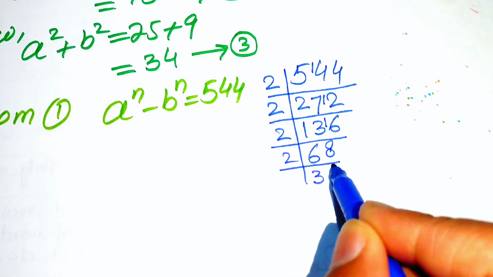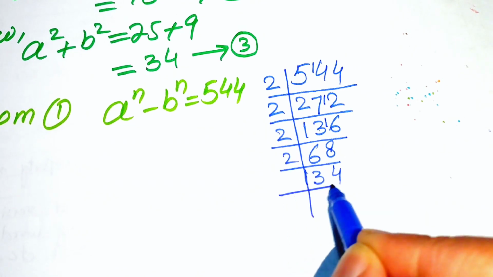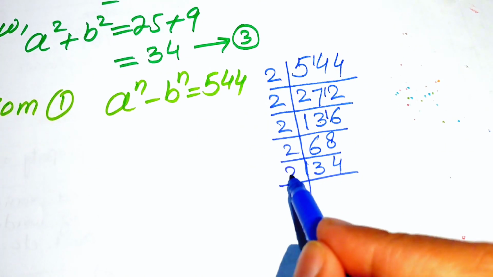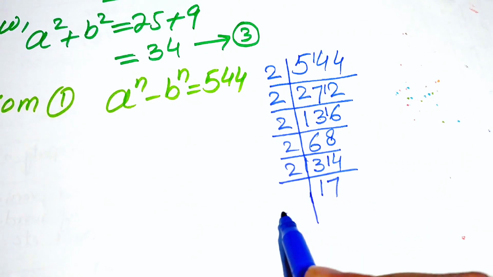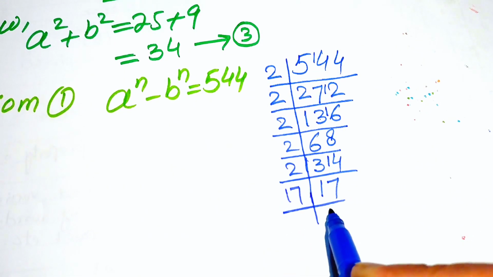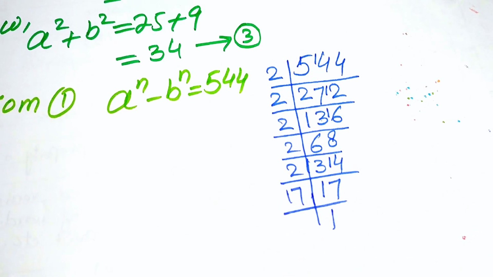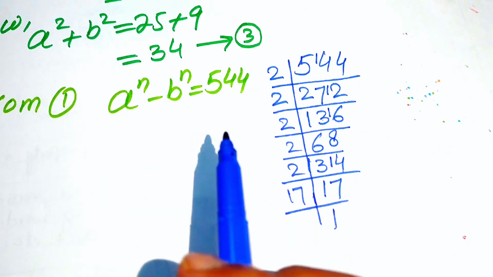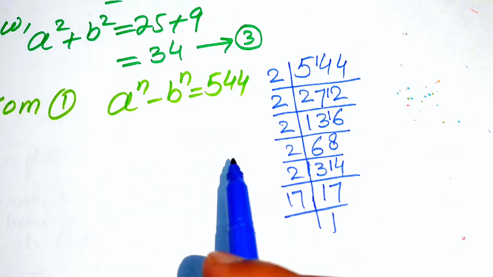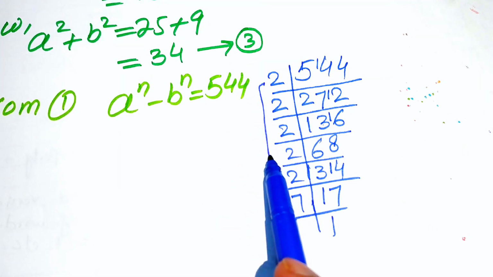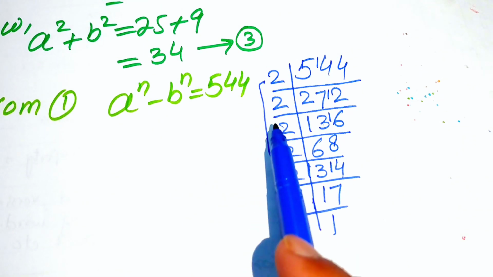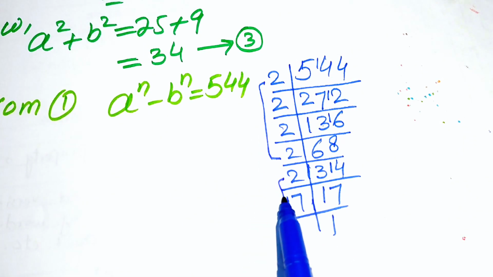So 2 3s are 6, 2 4s are 8, and 2 1s are 2, and we carry 1, and 2 7s are 14. Now we divide by 17, and 17 1s are 17.